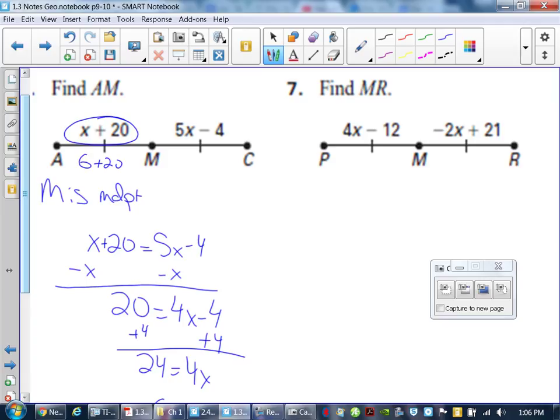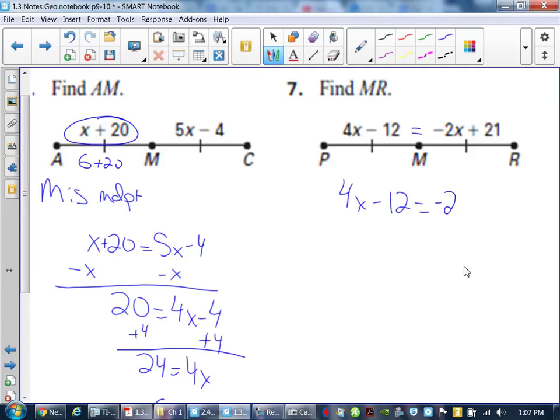The other side, there's a couple of different ways to set it up. They're still going to be equal to one another because M is a midpoint. Now, a lot of times people freak out with the whole extra negative thing. There's nothing wrong with it. You can leave the negative there. You can move it. It's okay because is negative 2x smaller than positive 4x?